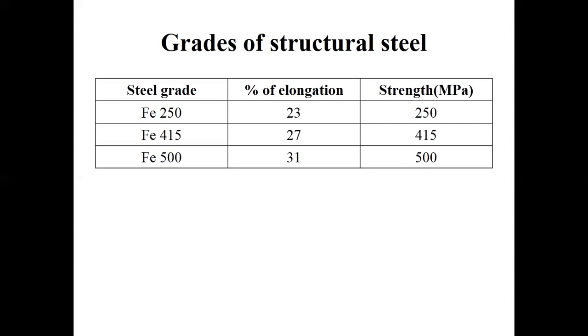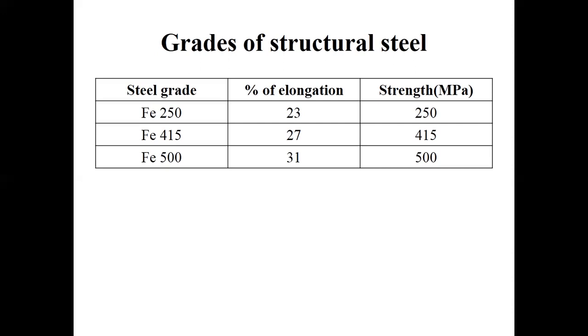Also note that Fe250 means mild steel, whereas Fe415 and Fe500 are known as high yield strength bars, called HYSD bars, which means high yield strength deformed bars. Fe415 and Fe500 come under HYSD bars, and Fe250 is known as mild steel.